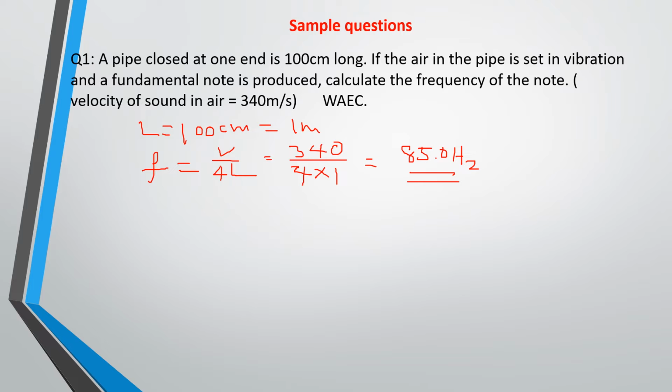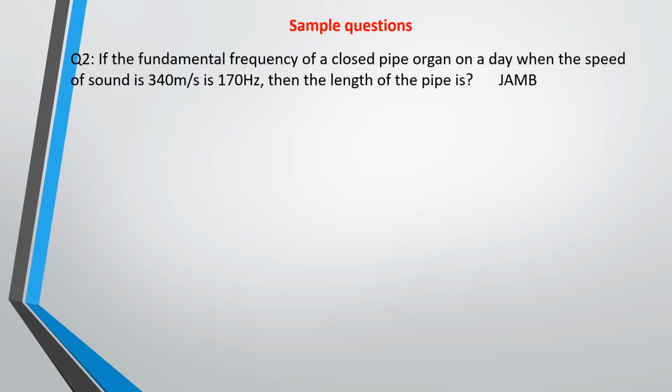Let's see if we can solve another problem. This one is another question that we need to also consider. It says that if the fundamental frequency of a closed pipe organ on a D, when the speed of sound is 340, is 170 Hz, then the length of the pipe is what?